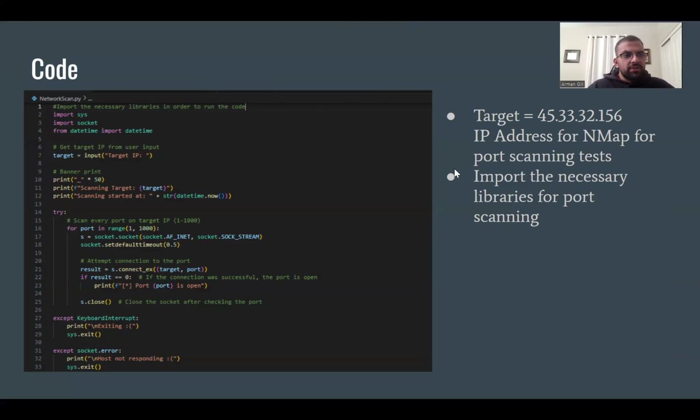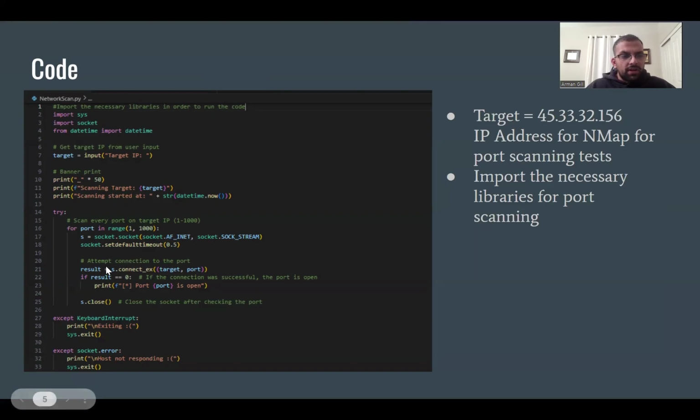Going to the bottom, we are going to do a for loop, which is going to help us run the algorithm to check each and every port, going from 1 to 1,000. So it's going to scan every individual port from 1 to 1,000 and help us determine if those ports are open or not.